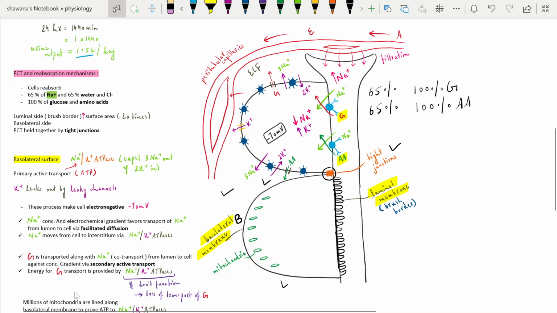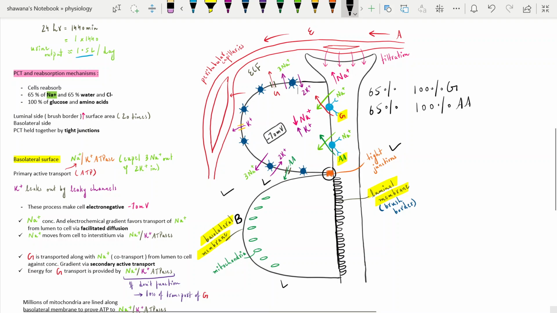It means that the protein present in the basolateral membrane cannot move towards the luminal side, and the protein present on the luminal membrane cannot move towards the basolateral side. So it keeps their function and their structures separate.